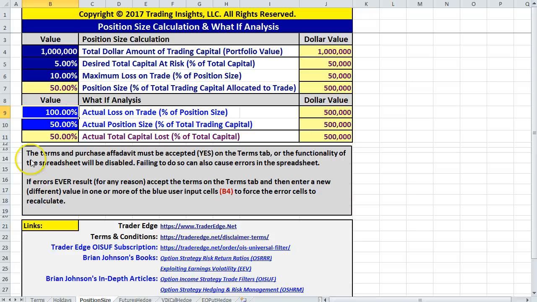As a result, hedging tools are required to manage option strategy risk in order to ensure that our actual maximum loss will not exceed our planned maximum loss. These hedging tools are included in the remaining spreadsheet tabs and are explained in detail in the article. They will be the topics of the remaining demonstration videos in this series.